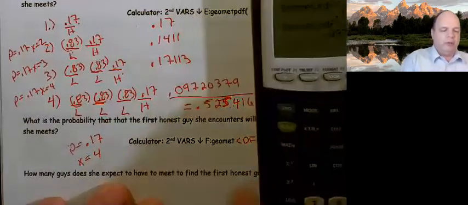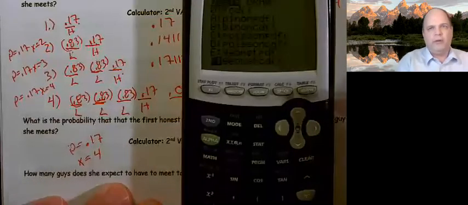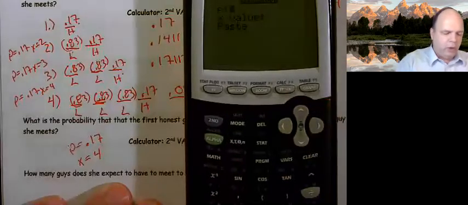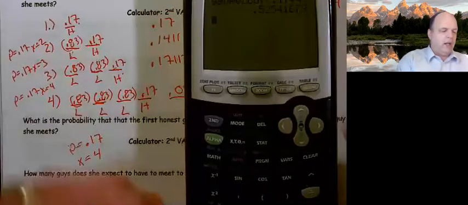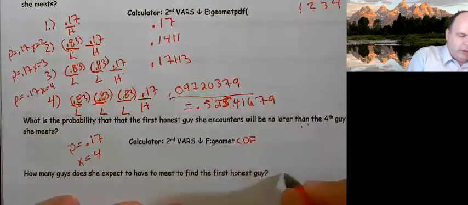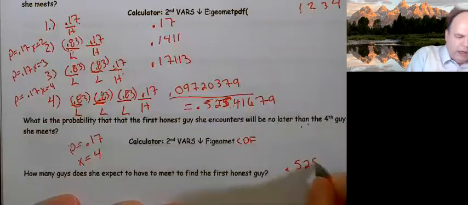So here's what we're going to do. 2nd Vars, geometric. Here's my CDF. It's the last one at the very bottom. I'm going to press enter. P is 0.17. X is 4. Press enter one more time. And look, it added all these things up behind the scenes, and it got me the work done very, very fast.